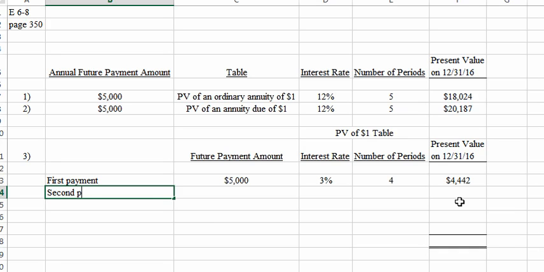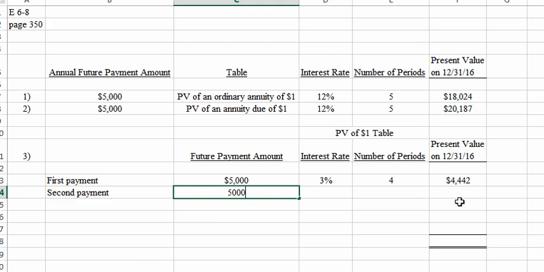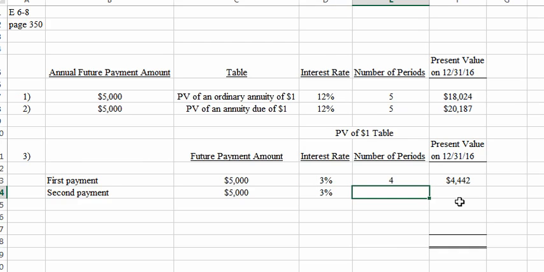Okay, let's go to the second payment. Again, it's 5,000. Our interest rate per quarter is 3%. Okay, this second payment is going to be received on December 31, 2018. So that's 2 years times 4 quarters per year gets us 8 interest payment periods.